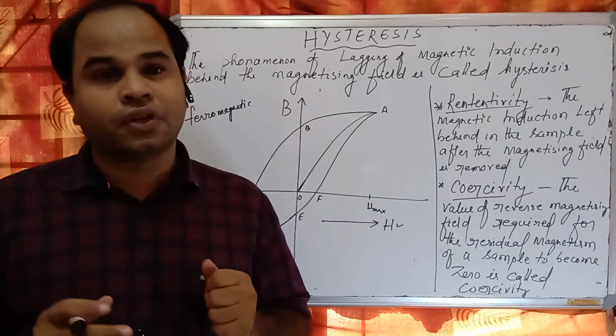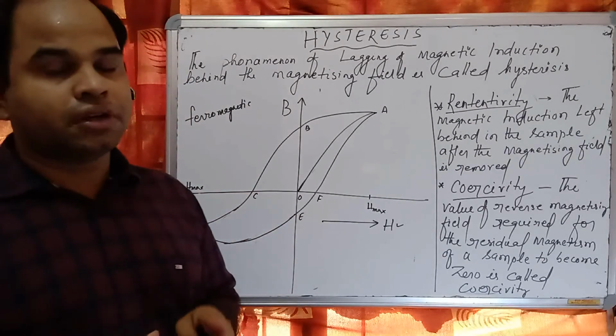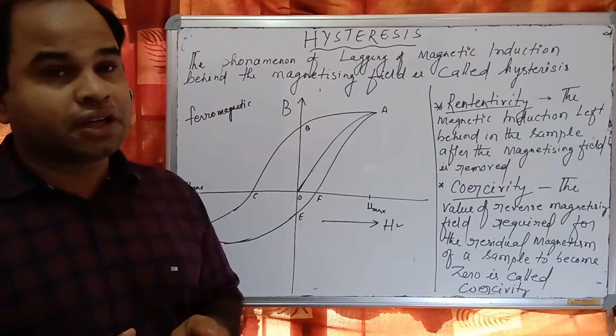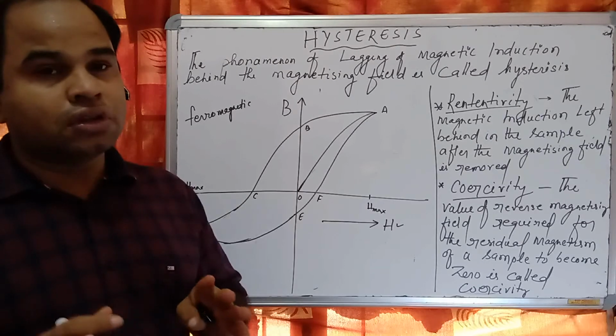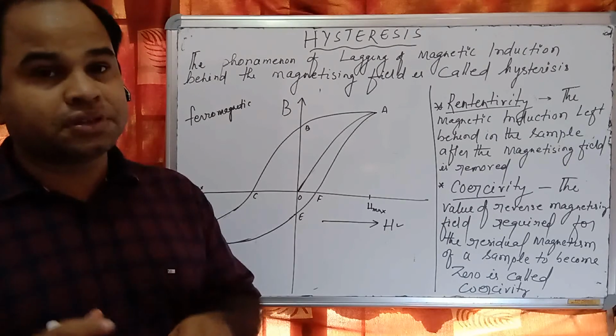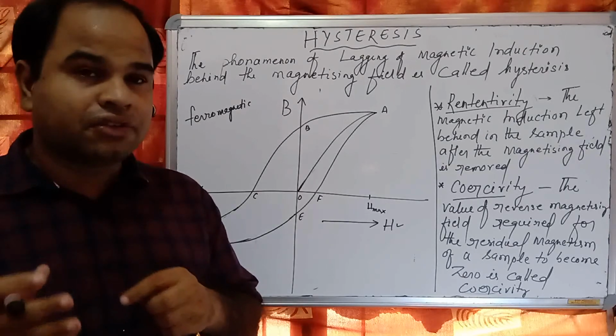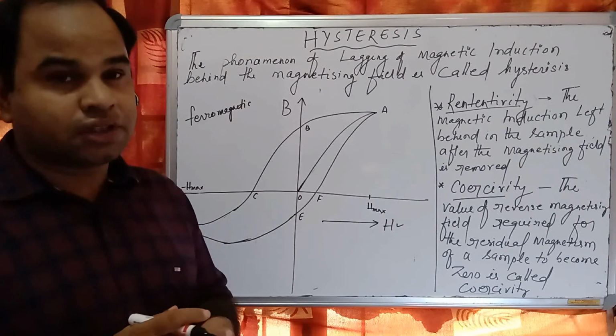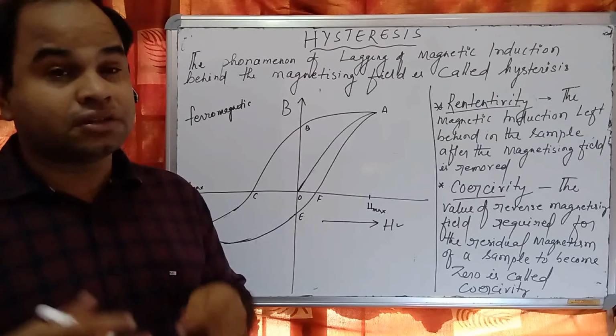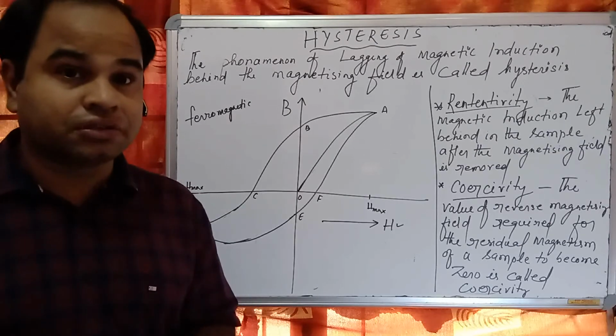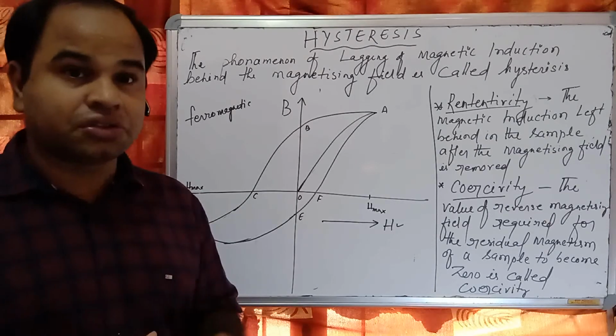If we apply an external magnetic field, all the dipoles present inside this ferromagnetic substance will be aligned along the direction of the external magnetic field. That is called magnetic induction or magnetization.